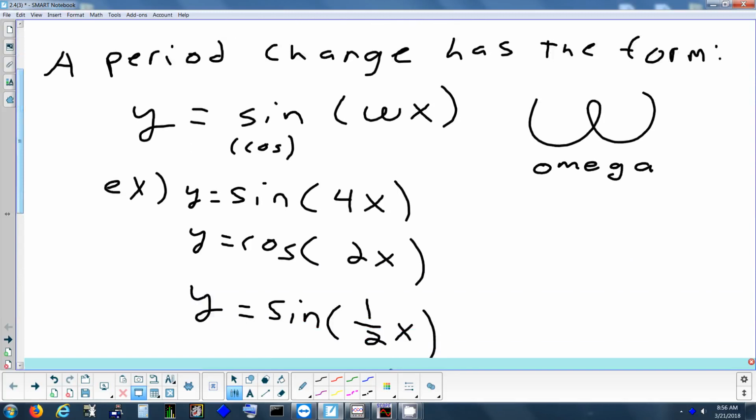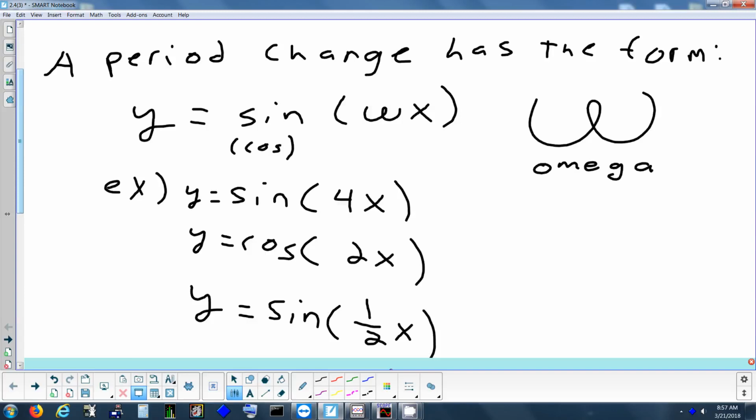So there's one that does what you expect, and amplitude change also did what you would expect. If you put a big number in front, it stretched the graph bigger. Put a fraction like 1/5 in front, it compressed it smaller. So we've already done both transformations that would do what you would expect. So that means this transformation is going to do the opposite. Okay? It's not going to be what you would expect.